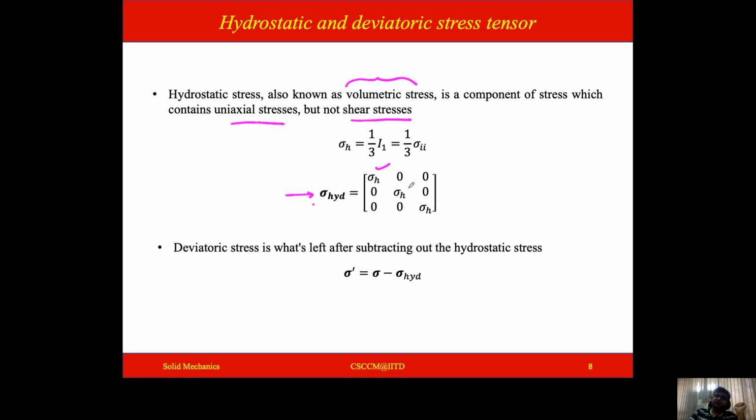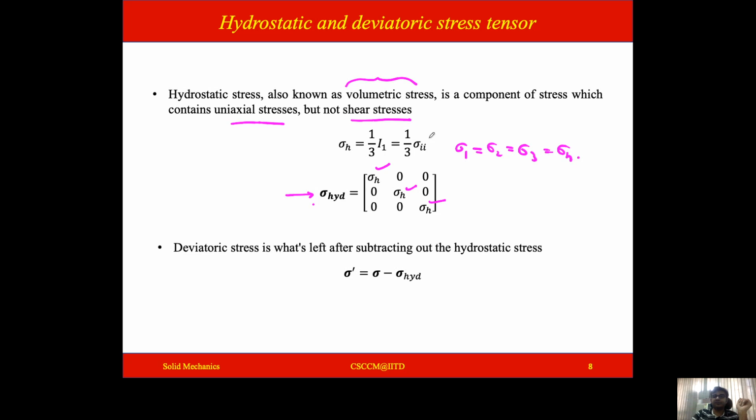You see all the principal directions, all the normal directions are equal. So this is a classical example where sigma 1 is equal to sigma 2 is equal to sigma 3 is equal to sigma h. And when do we come across such a state of stress? Well, if a body is inside a fluid, that body experiences hydrostatic state of stress.